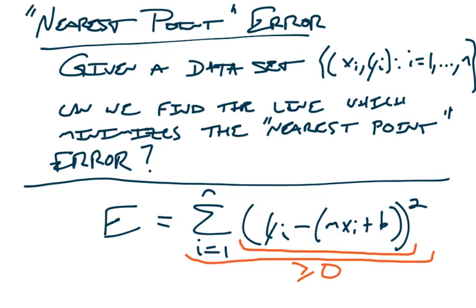And in particular, this function will have no maximum. What that means is that you can always change the values of m and b to make you get arbitrarily far away from your data set, in which case you'll have arbitrarily large error.